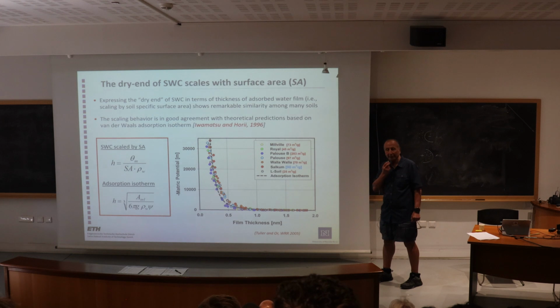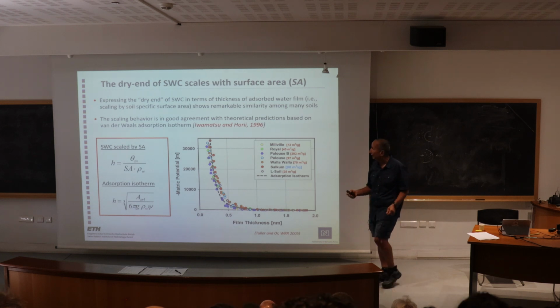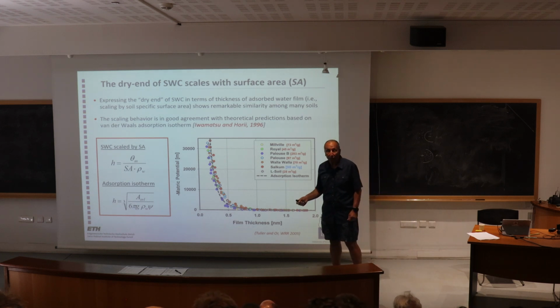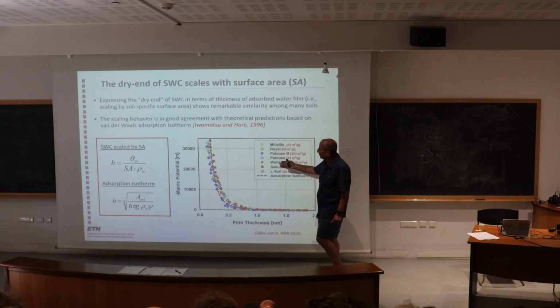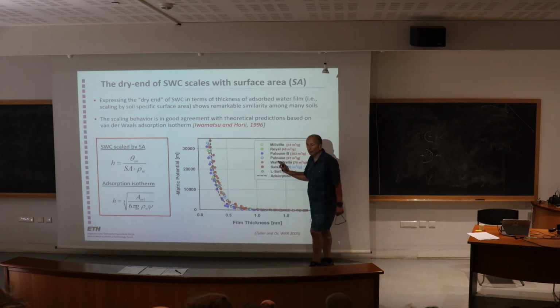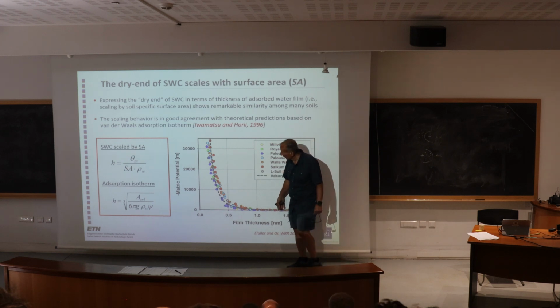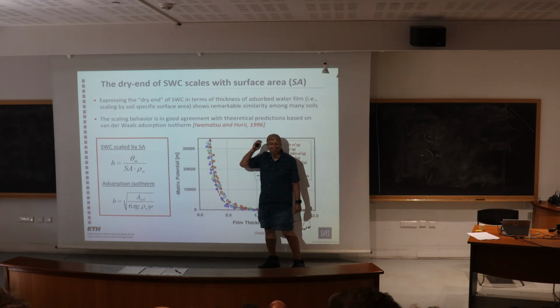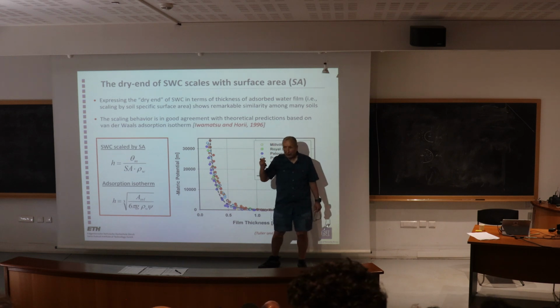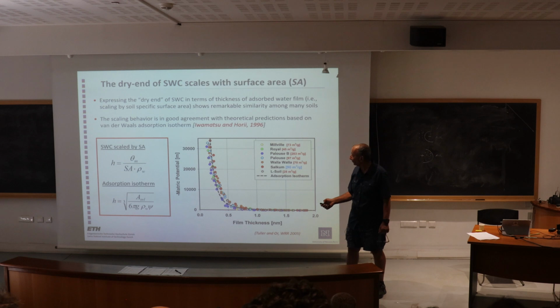But then a few years later we said, oh, wait a minute. If I can do that, why can't I invert the dry end of the characteristic curve and estimate the surface area of soils, which is really unknown for many soils. And just to show that this is actually working, we can take data from completely different soils with different surface area. Once we scale them by the surface area, we get one curve for the film thickness versus water potential, which means from an adsorption point of view, these soils are very, very similar.